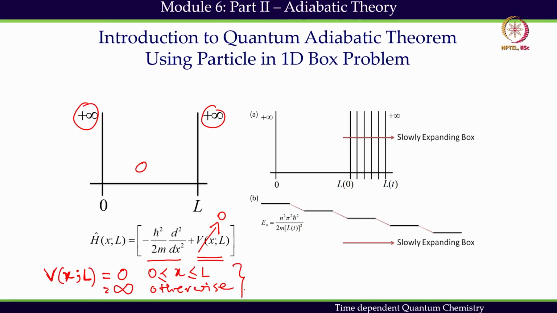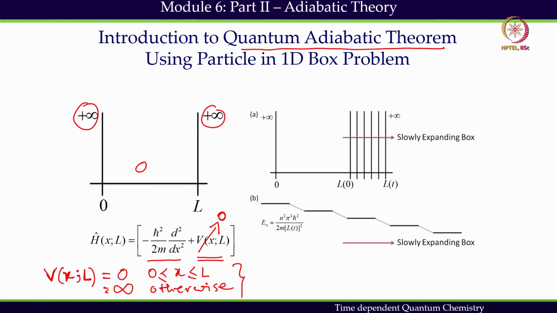When the popular quantum chemistry books present the particle in one dimensional box problem, they directly take this V to be 0. We are also taking V to be 0, but we are explicitly writing it down to maintain the notational accuracy. These notations need to be clearly written to understand this quantum adiabatic theory. Otherwise, things can be a little confusing for a person who is learning this theory for the first time.